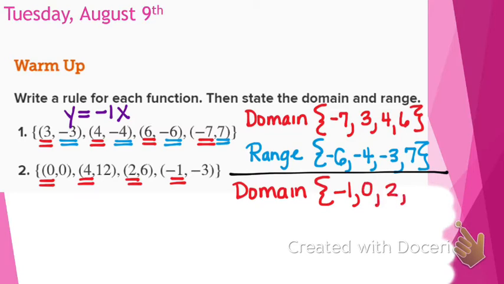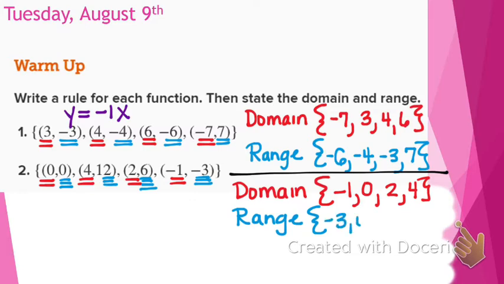After 2? 4, good job. Now we're going to write our range. These are my range. What's the smallest y value? -3. And after -3? 0. After 0? 6. After 6? 12.